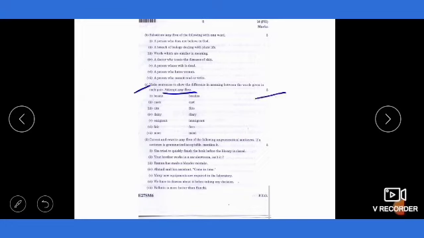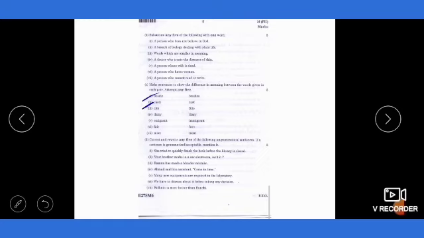That is a total of 5 marks. You have to do what? The words are looking the same and pronounced the same, but they have different meanings. You have to just make sentences from them. Number 1, beside, besides.